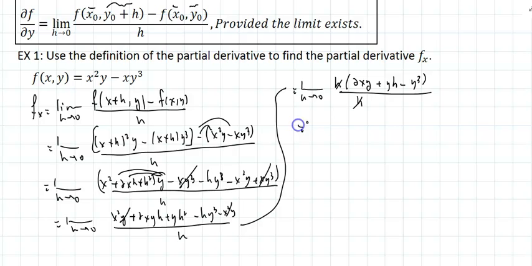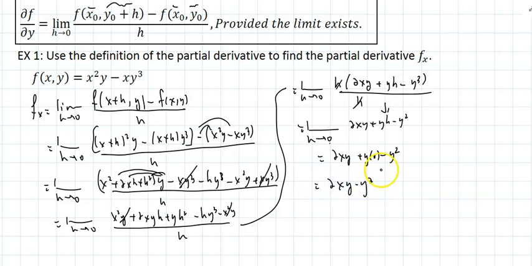The h's cancel out. And how do you find the limit? Once you cancel the 0 over 0, you replace h by 0. And that would be 2xy plus y times 0 minus y cubed. And that would be 2xy minus y cubed.